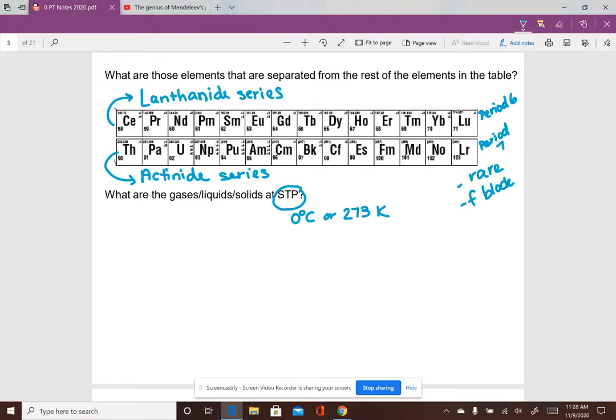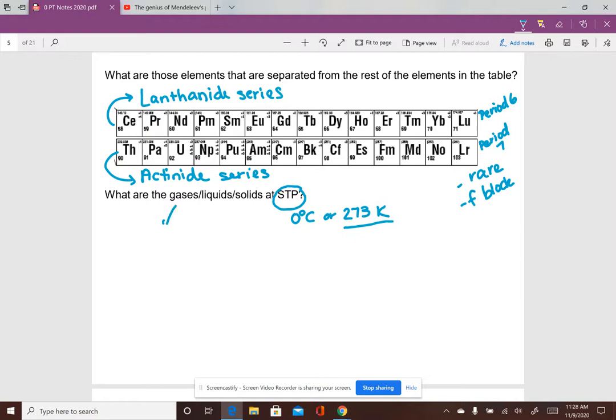Water would be freezing at standard temperature. In your Regents reference tables, you're given the melting and boiling points of all the elements. So you can compare the temperature of the air to its melting and boiling point and figure out if it's a solid or a liquid or a gas. For you guys, you don't have that chart available to you until you take the Regents at the end of the year. So this is another thing that you have to remember.